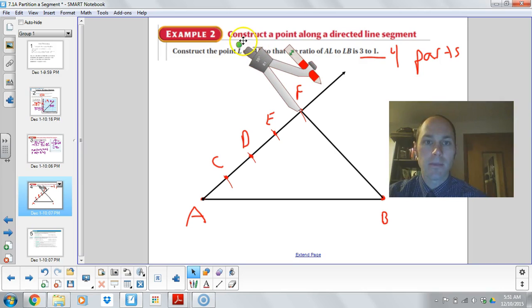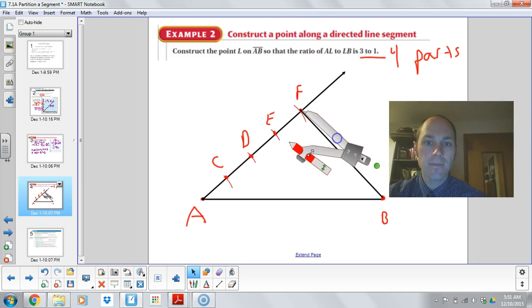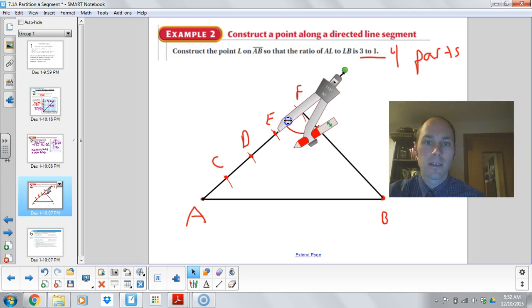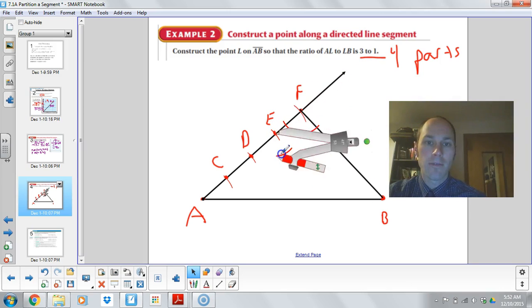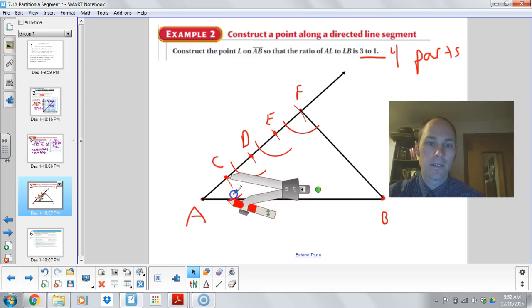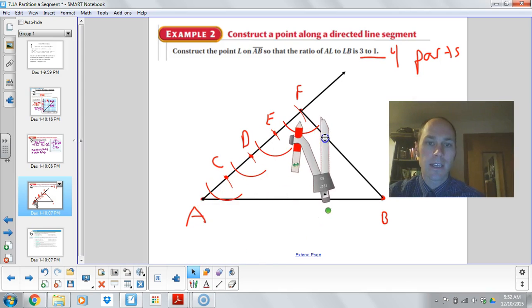So I'm just going to take my compass now. I'll shrink it down a little bit. And I'm going to copy this angle here. So I'll do the same for every point at E, D, and at C. Next, I need to copy that distance.